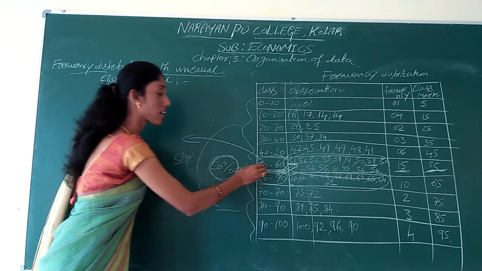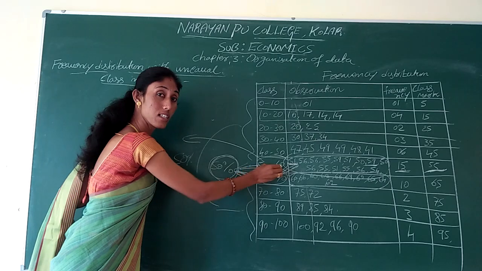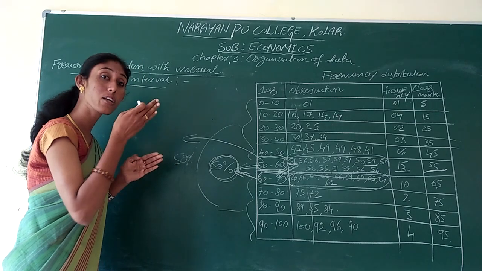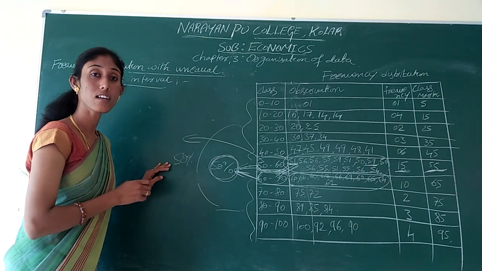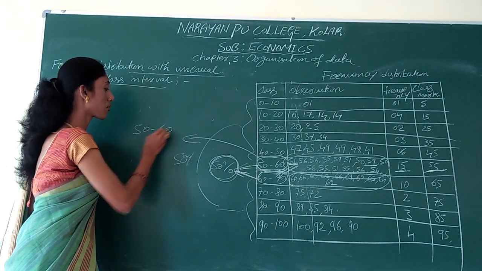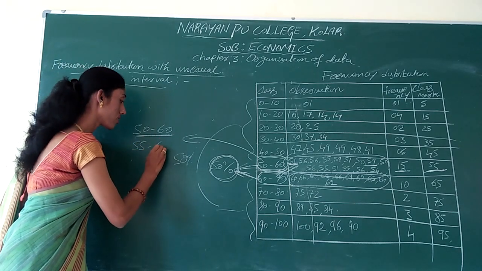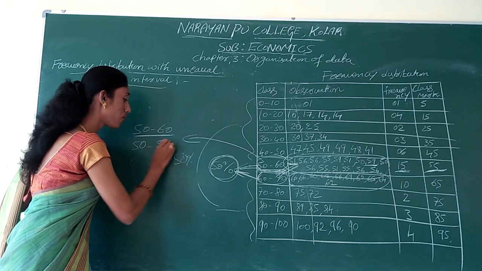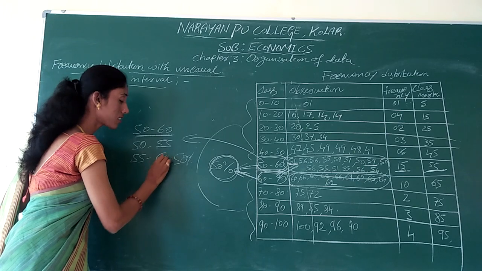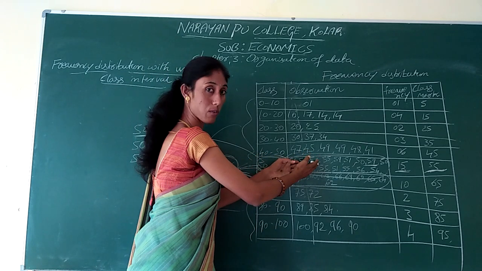Here we have a class interval where 16 values are concentrated in one class.